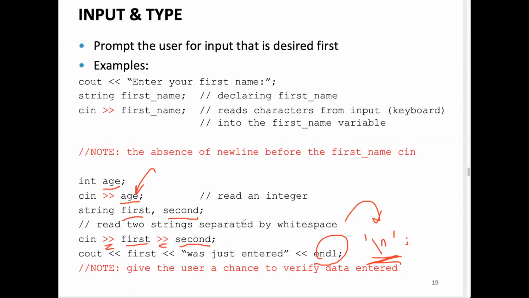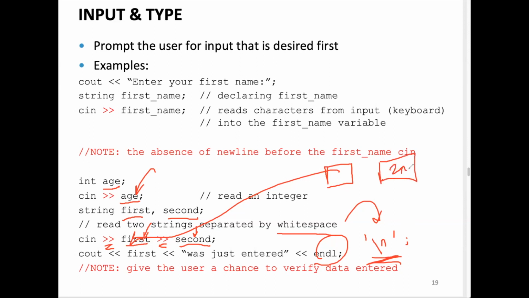By default, if you do this from your keyboard, you have to make sure that the characters that need to go into first and the characters that need to go into second are separated by white space. When I say white space, you can have one white space or you can have ten white spaces. It doesn't really matter. You just make sure that this entire block of first goes into this variable right here, and it's somehow separated from the second part.